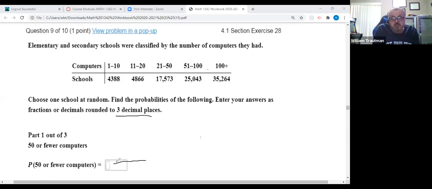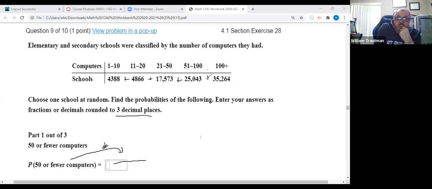So first of all, 50 or fewer, the number goes on top, that's desired. Choose a school, how many schools were there total? That's the bottom. To find the total schools, you have to add all of these up.